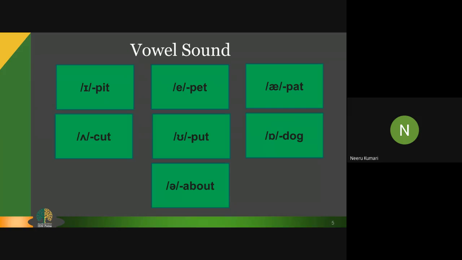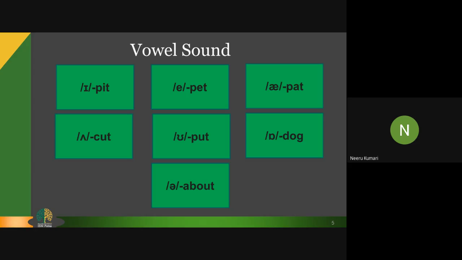So whenever you see this symbol, please remember, this is the sound i, as in pit. This is the sound e, as in pet. This symbol represents a, as in pat.